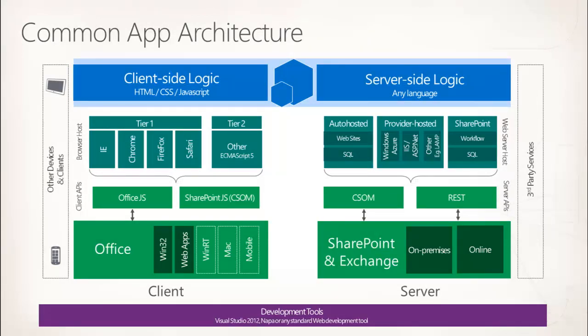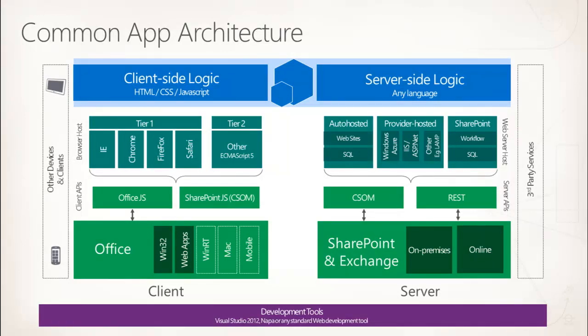One of the big investments that we're doing is in the client APIs and the server APIs. You will see that we have a lot of new APIs that you can use to interact with Office clients, with SharePoint from the client side, as well as on the service side, using REST or the CSOM object models to interact with SharePoint. And then, of course, we have great tooling to let you create these apps.